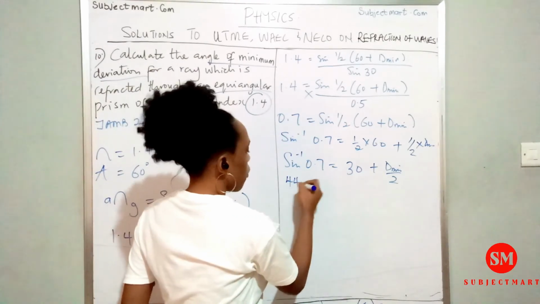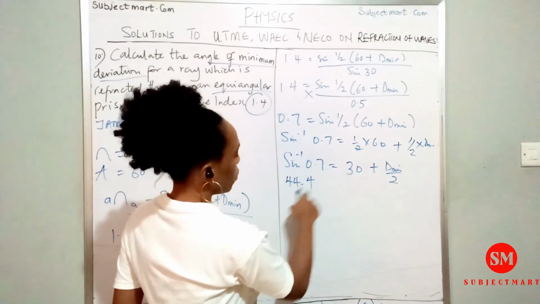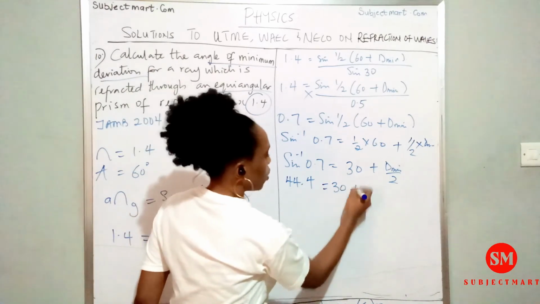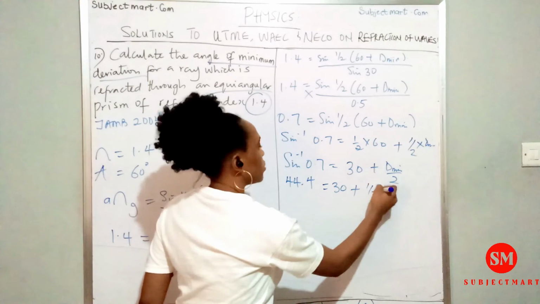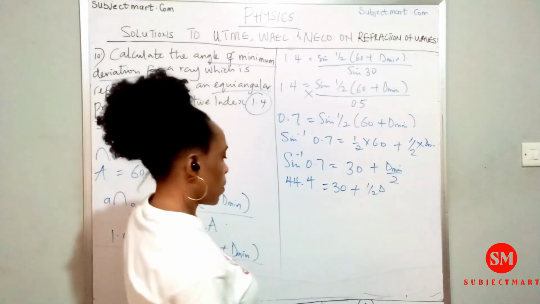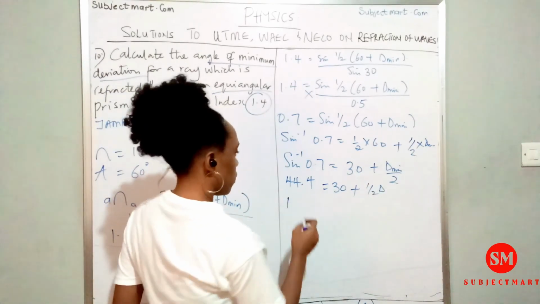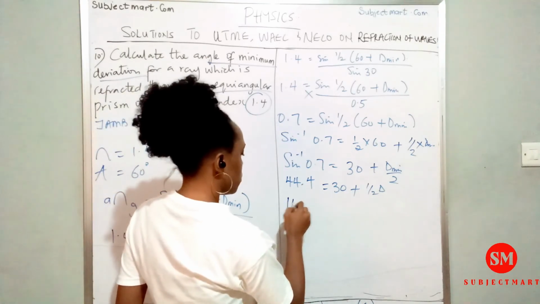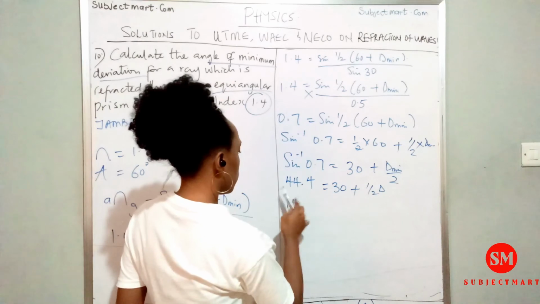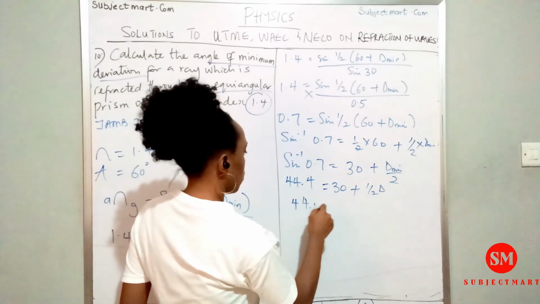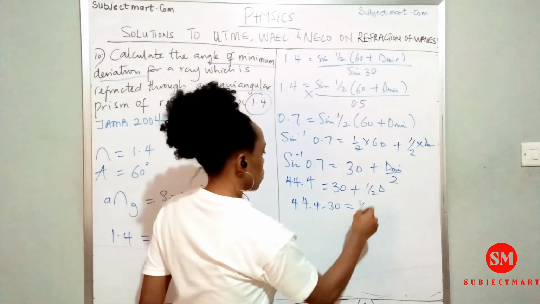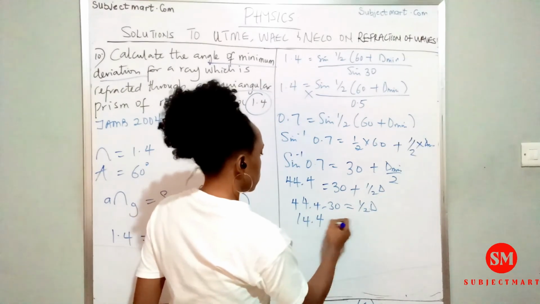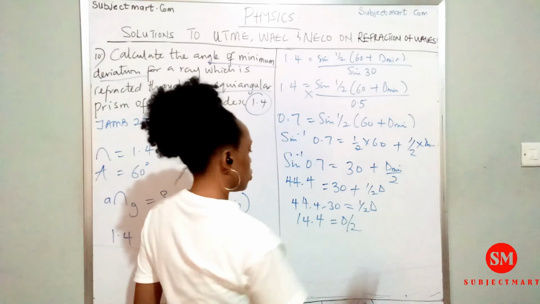So sine inverse of 0.7 will give me 44.4 is equal to 30 plus half D. Okay, so I have 44.4 minus 30 is equal to half D. And this gives me 14.4 is equal to D over 2.